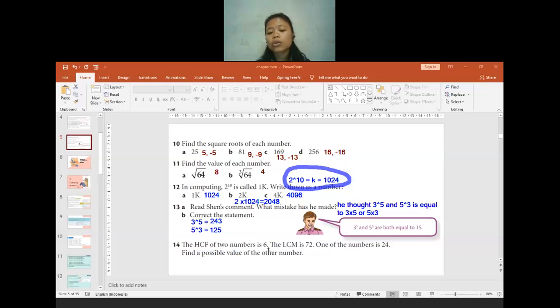And it also says the LCM is 72. When it says the LCM is 72, it means the number is a factor of 72. So what number do you think? The answer will be 18, because 18 is a multiple of 6, and 18 is also a factor of 72.